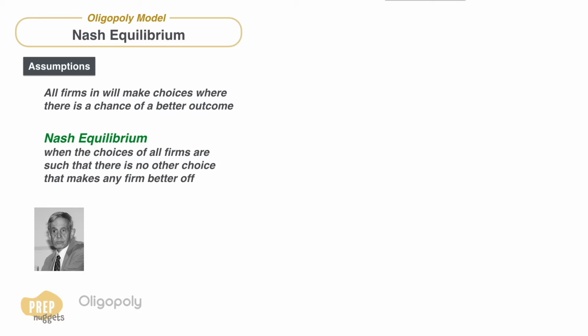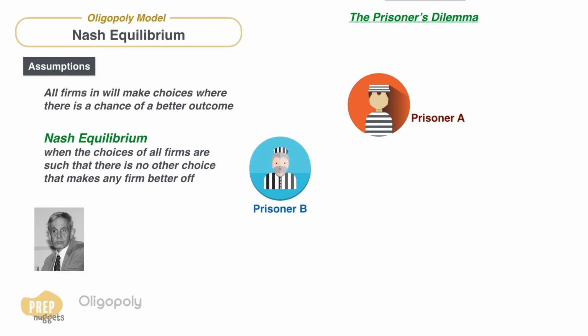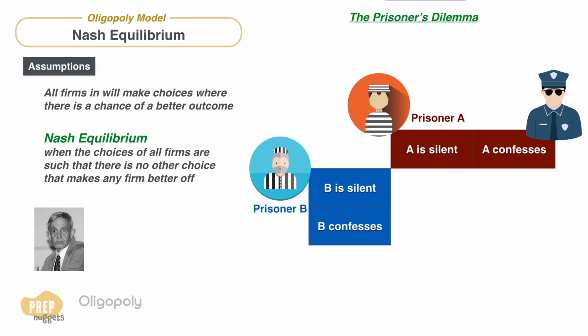To understand the theory, let's review a classical game theory called the prisoner's dilemma. Two prisoners, A and B, are believed to have committed a serious crime. However, the prosecutor does not have sufficient evidence for a conviction, so the prisoners are separated and offered the following deal. If both prisoners remain silent, each will receive a 6-month sentence.